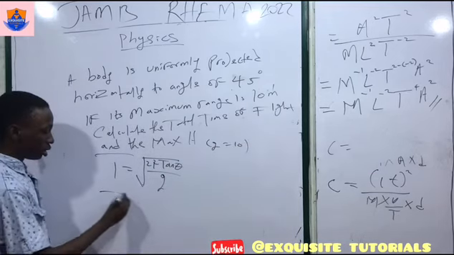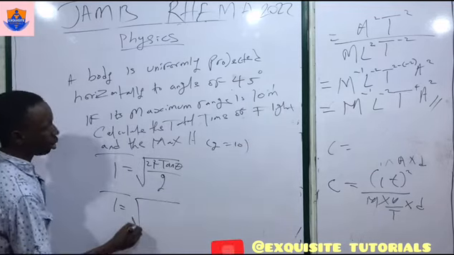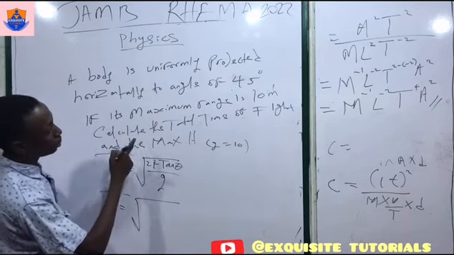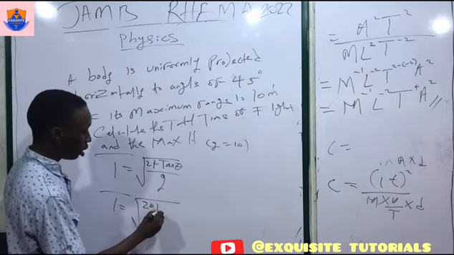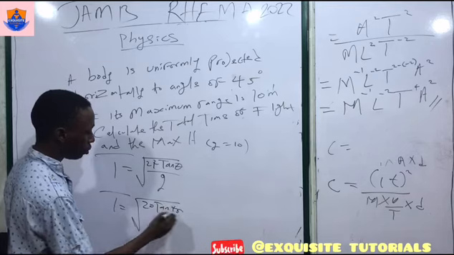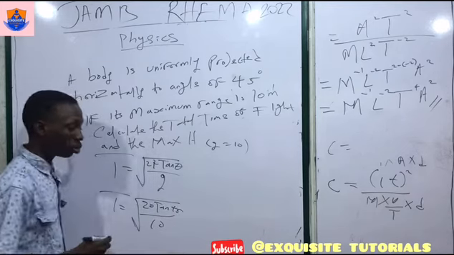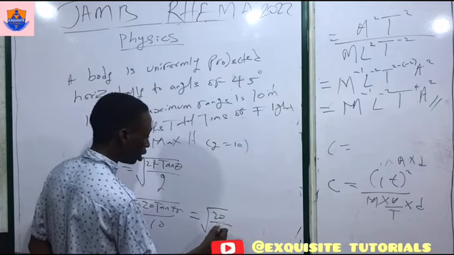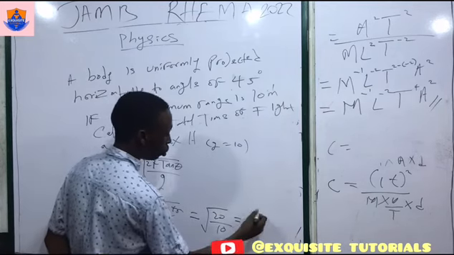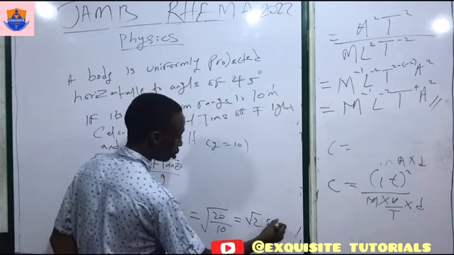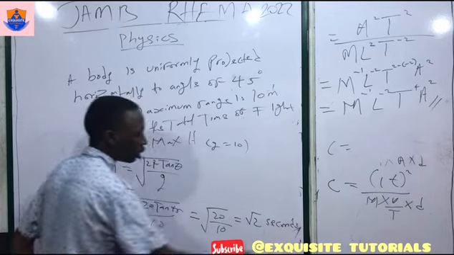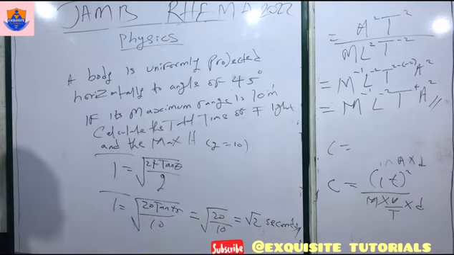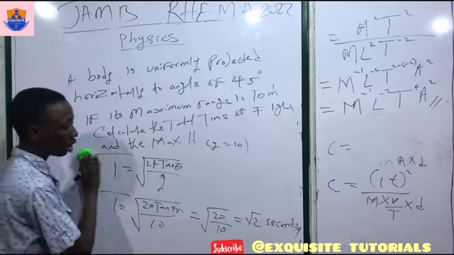So we can say T is equal to the square root of 2 times 10, 20 tan 45 over 10. Tan 45 is equal to 1. So T is equal to the square root of 20 over 10. T is equal to root 2 seconds. Simple, clean, clear, sharp.